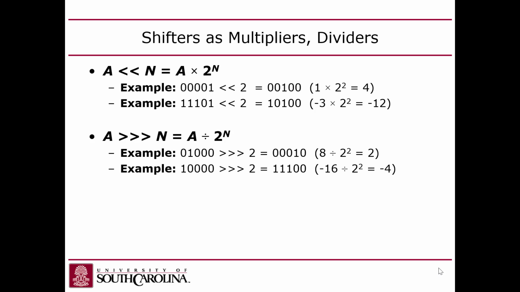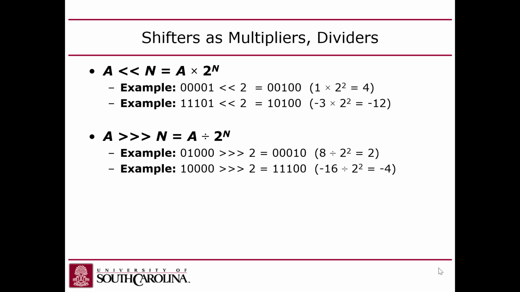So if you have 5 in binary, and I shift it 1 bit to the left, obviously I shift in a 0 in that right-hand position.